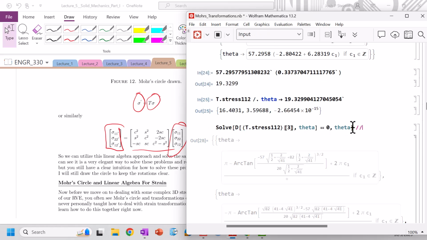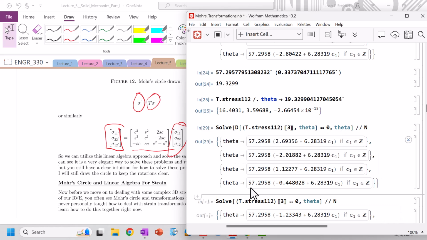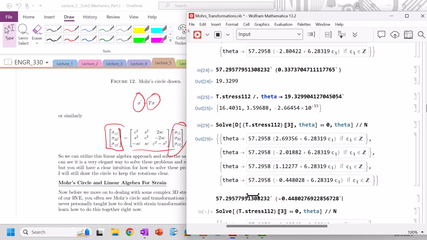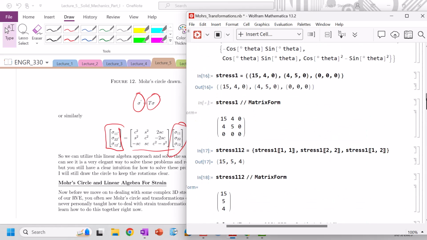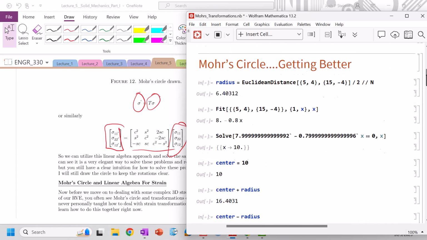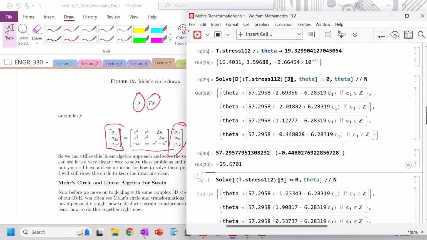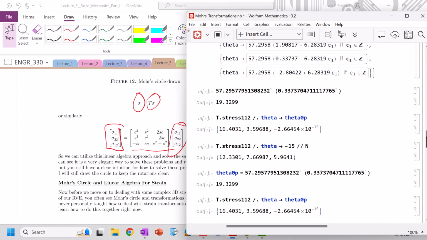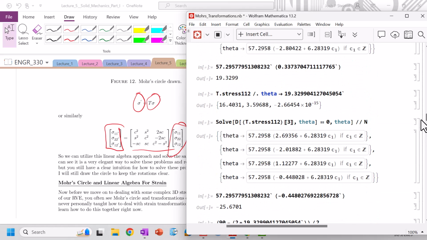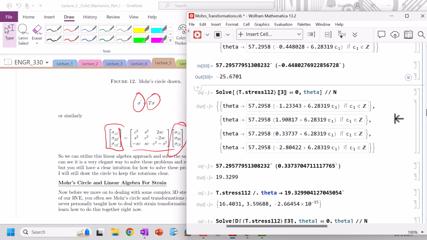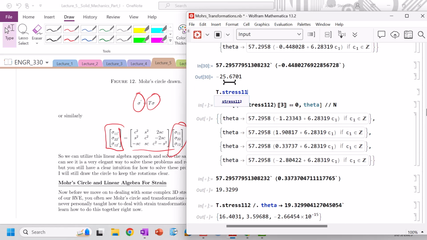So I'm going to do nsolve, and I could pick out a value here. Minus 25.6, where does that look familiar? And we kind of did that previously in the past video as well. So we have that value, and I can now do, again, T dot stress 1, 1, 2 with theta.